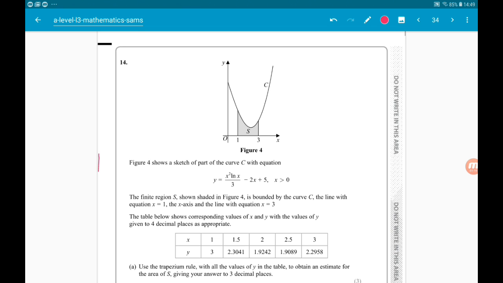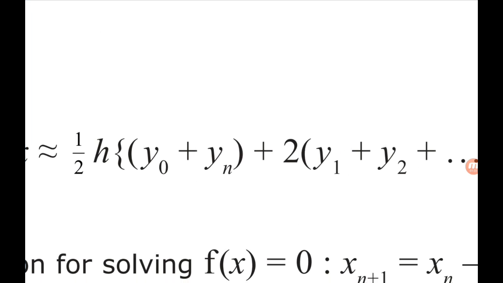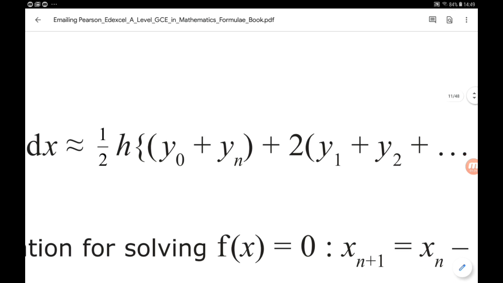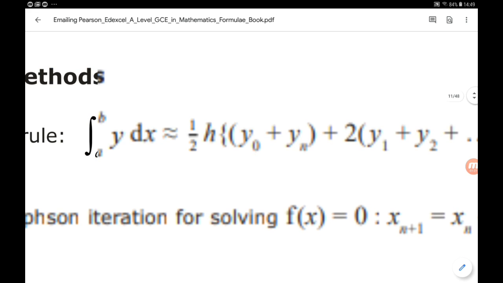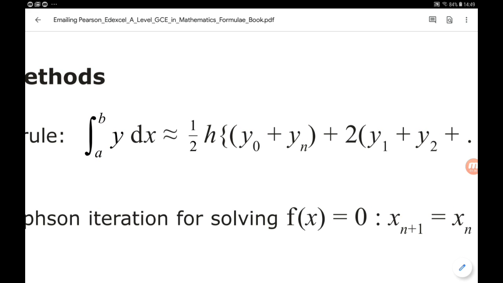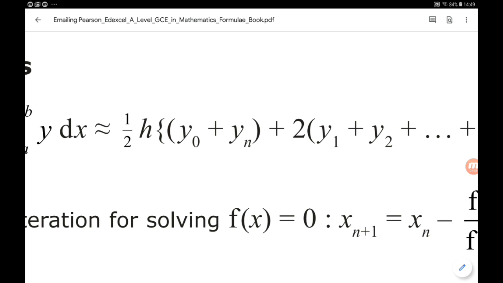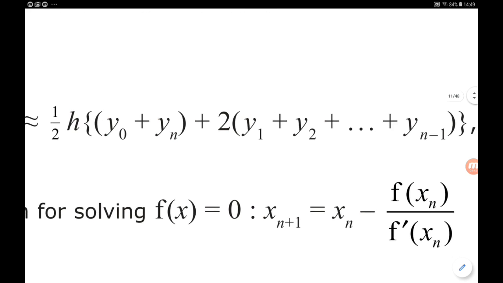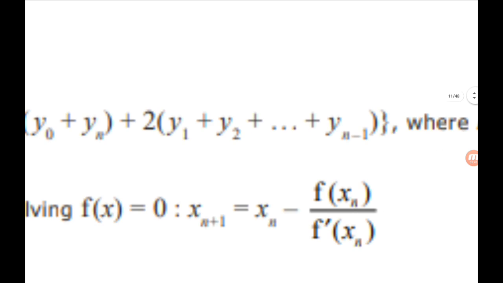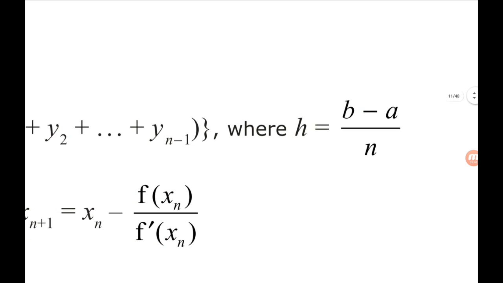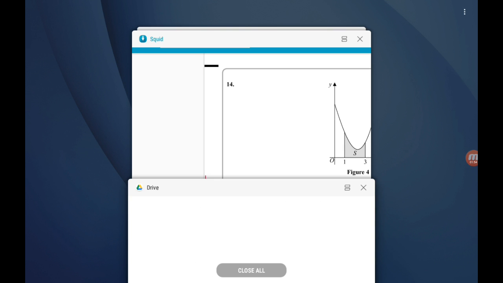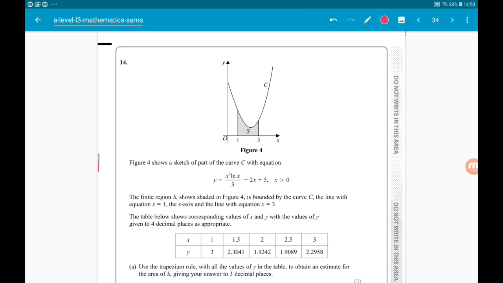Okay, so we're given the Trapezium Rule, so it's this guy. The integral of y between a and b with respect to x is 1/2 h lots of y0 add yn add 2 times the other y values, where h is b minus a over n. So all this is use of formula.